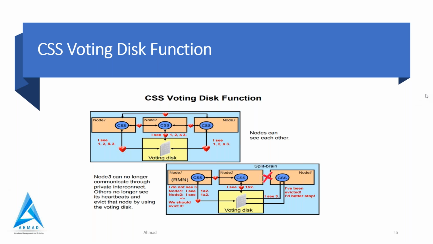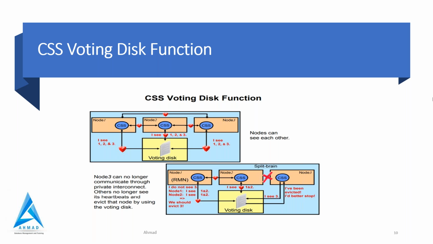See, the eviction is based on the pinging of heartbeat. The first thing: every node will ping each other, and every node will ping the voting disk. So for eviction or not eviction, we require both pings. If any one ping does not happen, then it will come into eviction.